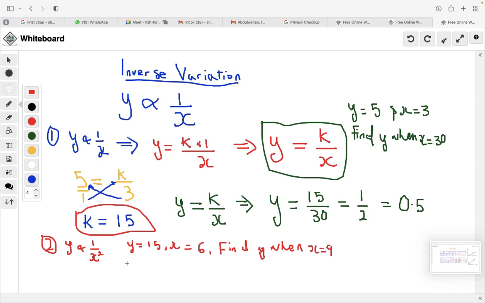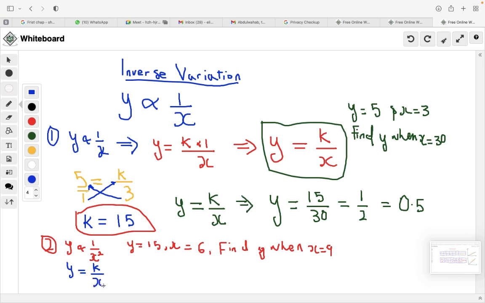Okay, so like we said before, you have to find the value of k first every time. First of all, you derive your function. So this is going to be y equals, when you introduce your equality, k times 1 is k. So this becomes k over x squared. This will be your function.